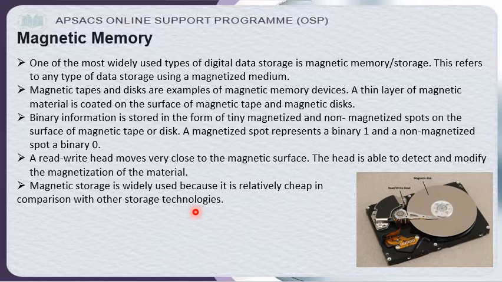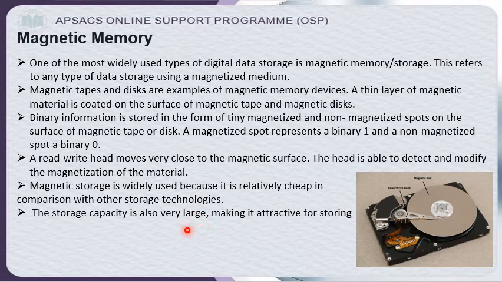And if you want to buy a 500 GB hard drive, which is magnetized memory, right now it will be available for 5-6,000. So means you are giving 5-6,000 rupees for 8 GB, and 5-6,000 for 500 GB. So which one is cheaper? Magnetic memory is cheaper.